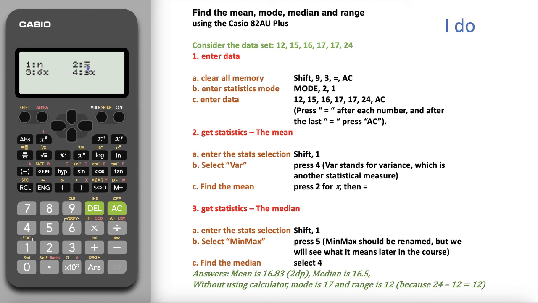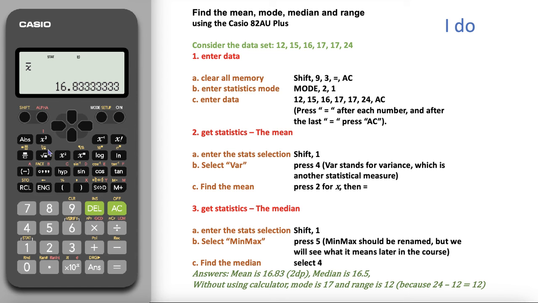Option 2 is offering us X bar. X bar means mean in statistics. So press that. And then you'll notice the X bar symbol appearing up here, and then we press equals. And there's your mean right there, it's 16.833, or as I record down here at the bottom of the screen, 16.83 to 2 decimal places.